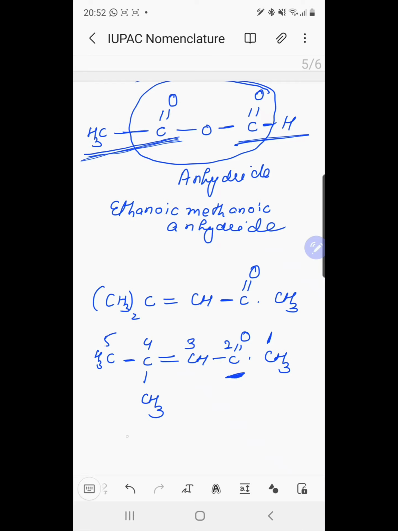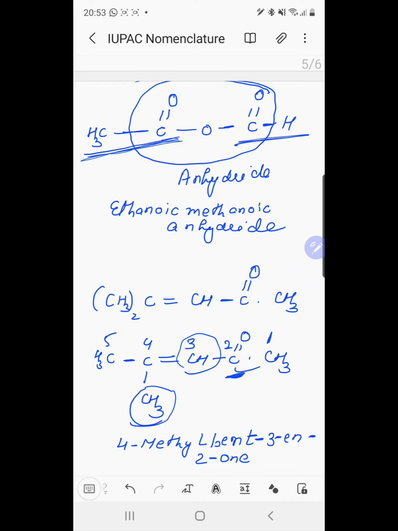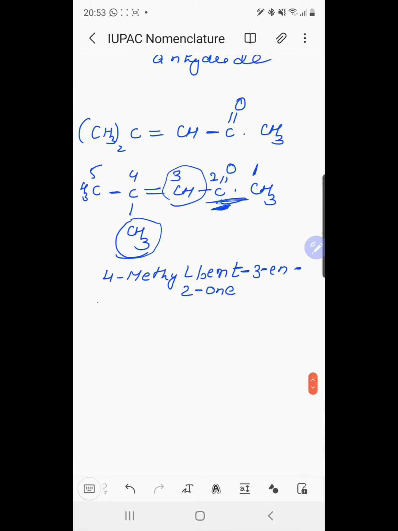So it is a derivative of pentane. At the fourth position we have a methyl substituent. So the name will be 4-methylpent-3-en-2-one. So this is the name of the compound.